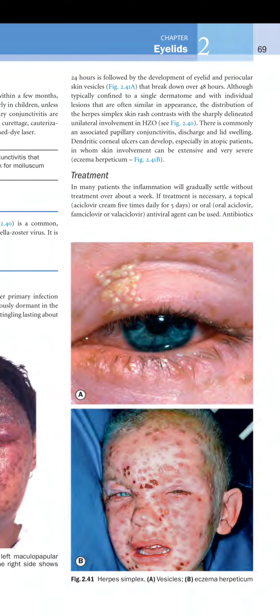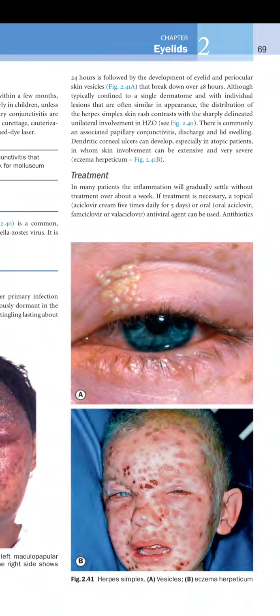There is commonly an associated papillary conjunctivitis, discharge, and lid swelling. Dendritic corneal ulcer can develop, especially in atopic patients in whom skin involvement can be extensive and very severe, which is known as eczema herpeticum.